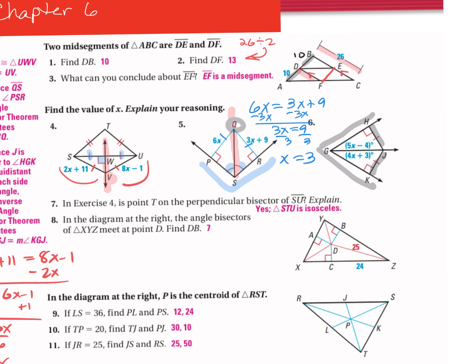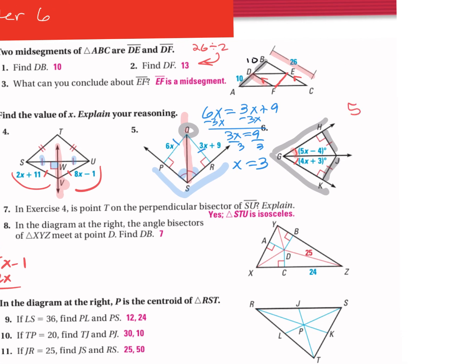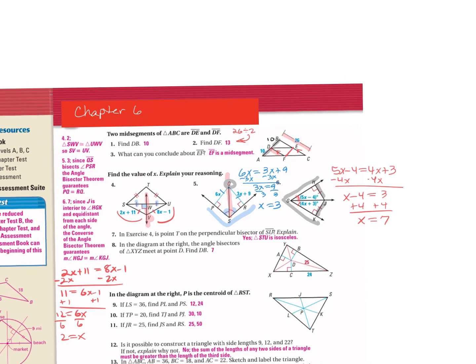So the 5x minus 4 is going to be congruent to the 4x plus 3. I'm going to set 5x minus 4 equal to 4x plus 3. I'm going to subtract the 4x. x minus 4 equals 3. Add the 4, and x equals 7.